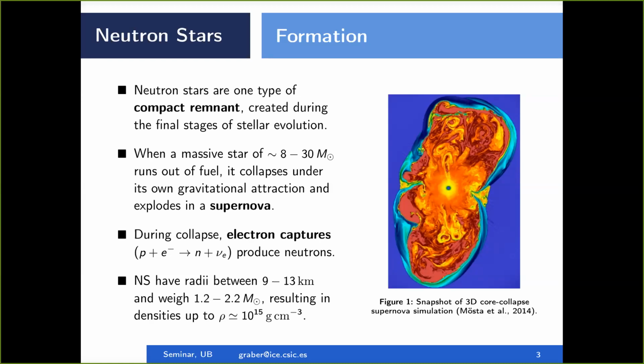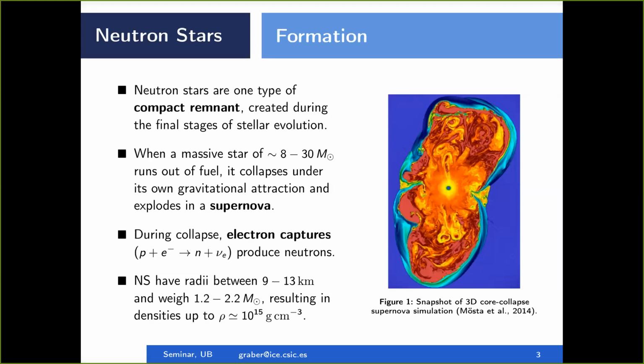But what we're left with at the center of this entire process is this tiny compact object that's got the size of a city, and that's dominated by the presence of neutrons as a result of a large number of electron captures in the interior of this massive compact object.